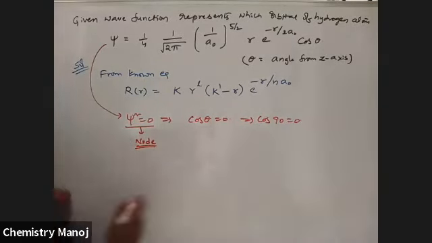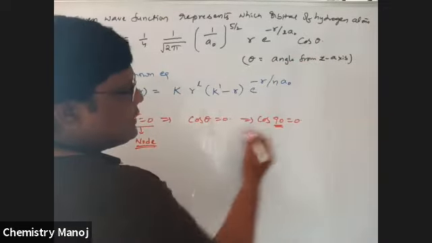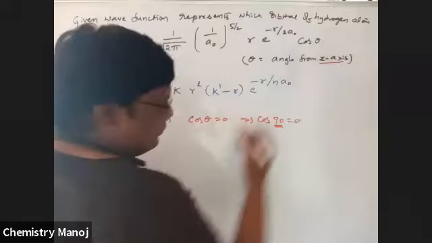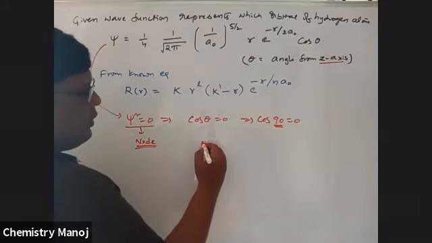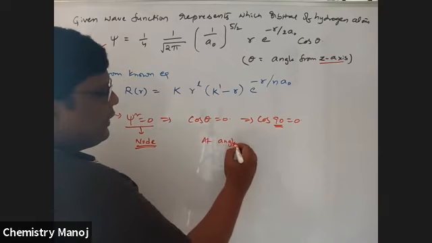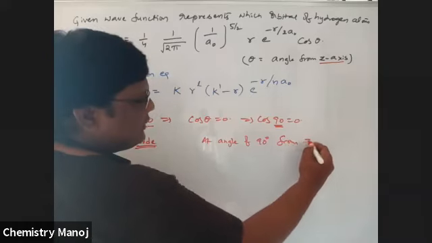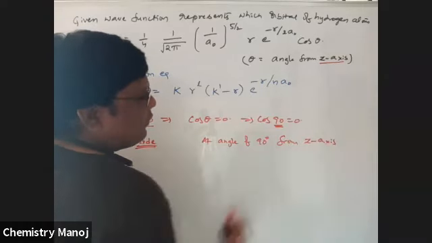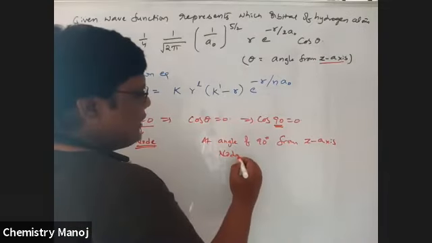That means at an angle of 90 degrees from the Z axis, a nodal plane exists.